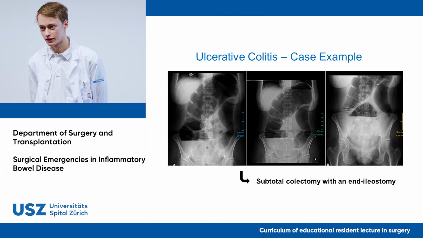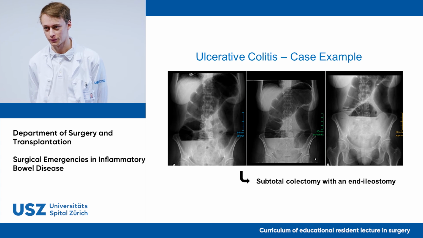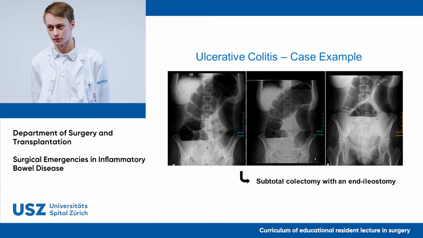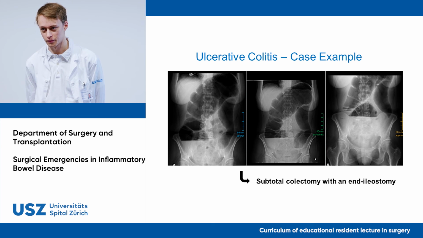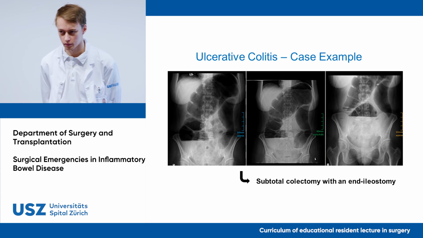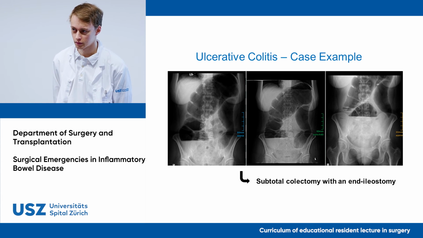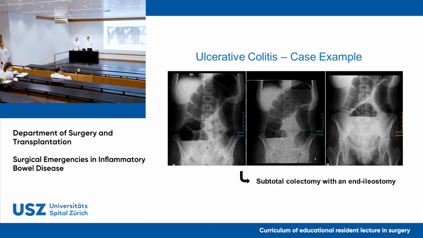In every second slide he showed that we have to save lives and not colons, and I think this can be very dangerous. It's not only the X-rays we should look at. It's more important to look at the patient. A toxic megacolon is not only about the diameter, it's also how the patient is, and if he has fever or elevated inflammatory signs, I think you have to operate earlier rather than later.